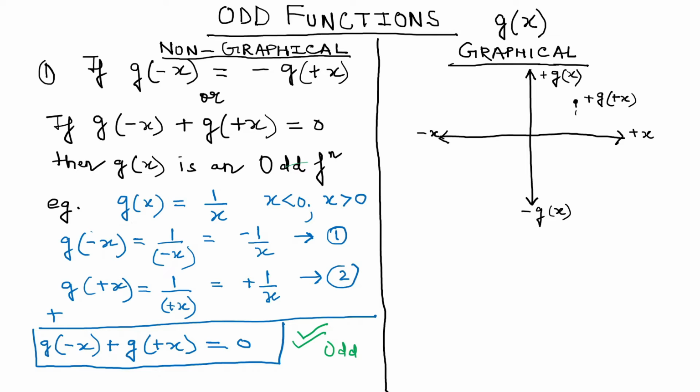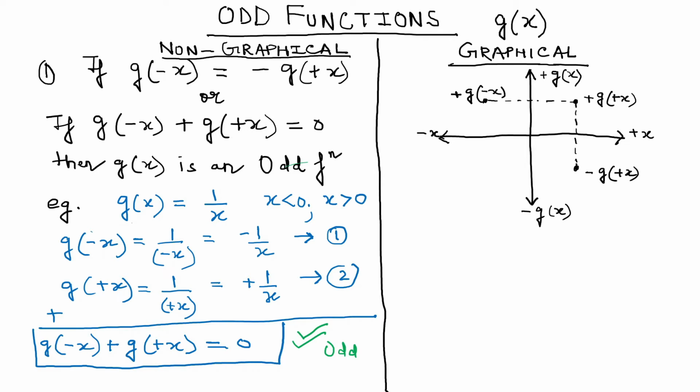If the same point is taken symmetric about the y-axis, it would go to the left-hand side, which will be plus times g of minus x.